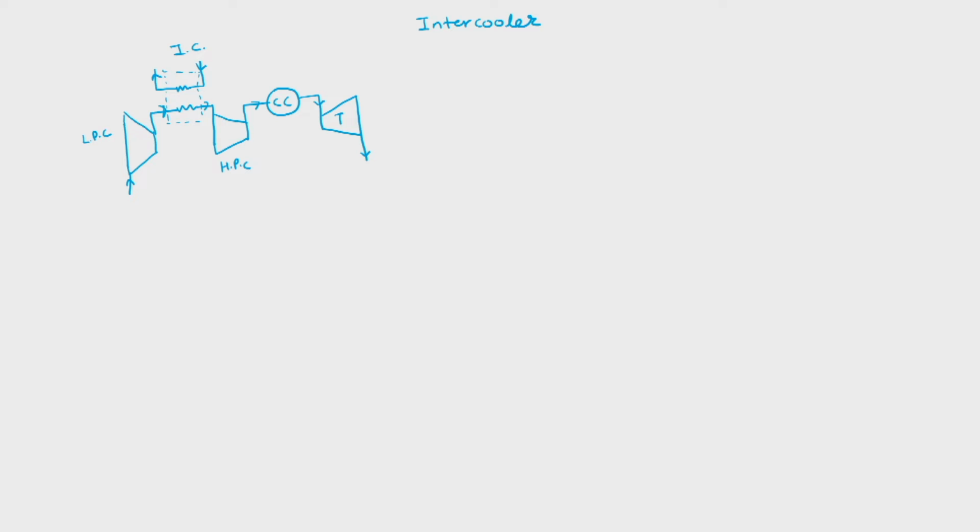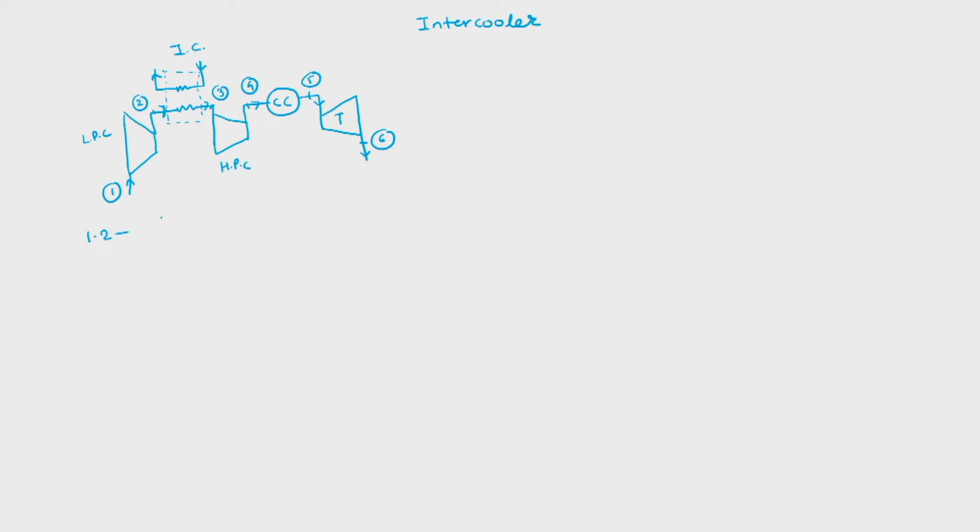And the process of intercooling is isobaric. So we will name the processes: 1 to 2 low pressure compression, 2 to 3 intercooling, 3 to 4 high pressure compression, 4 to 5 combustion chamber, 5 to 6 turbine.